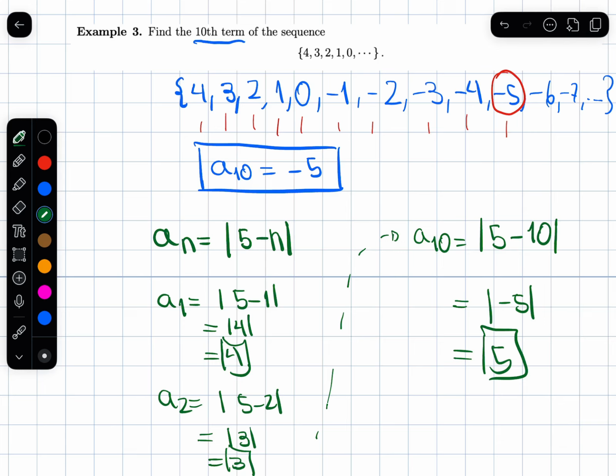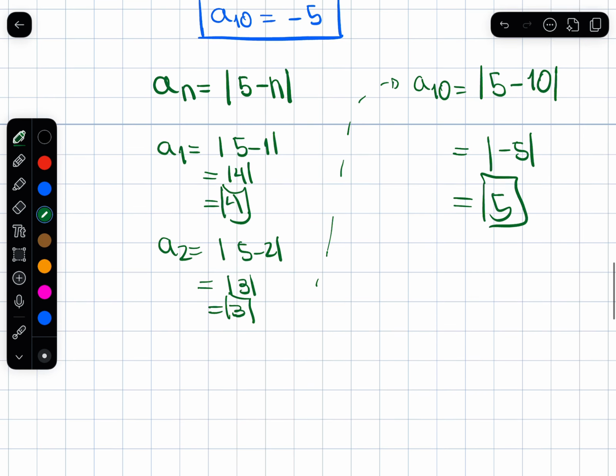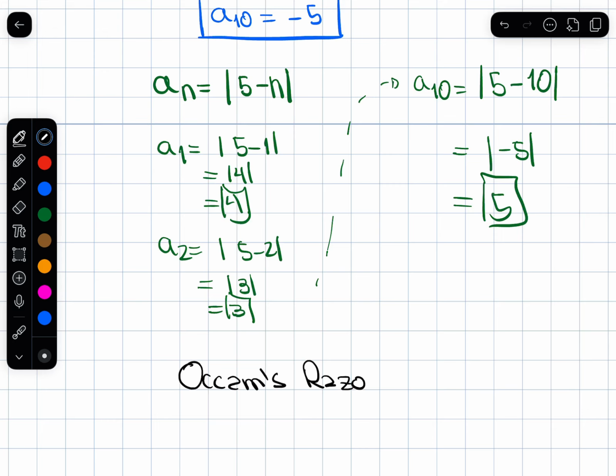There's no correct choice. The general idea we're going to try and follow is a philosophical idea. It's not really something that mathematicians talk about all the time. That's Occam's razor. If you've ever heard of it, you know what it is. If you don't, Occam's razor is the idea that the hypothesis with the fewest number of assumptions, basically the simplest answer, is the correct answer the majority of the time.